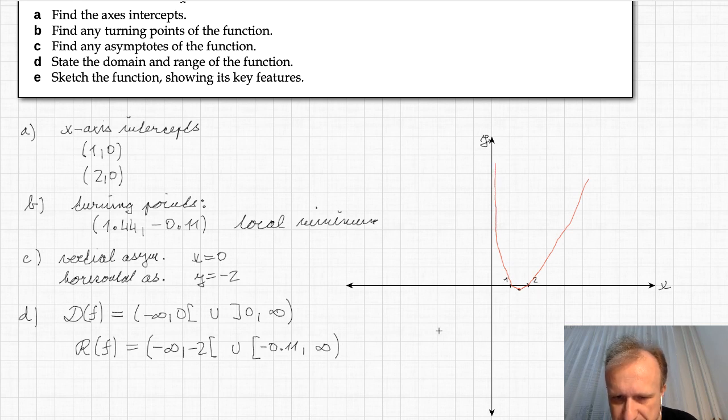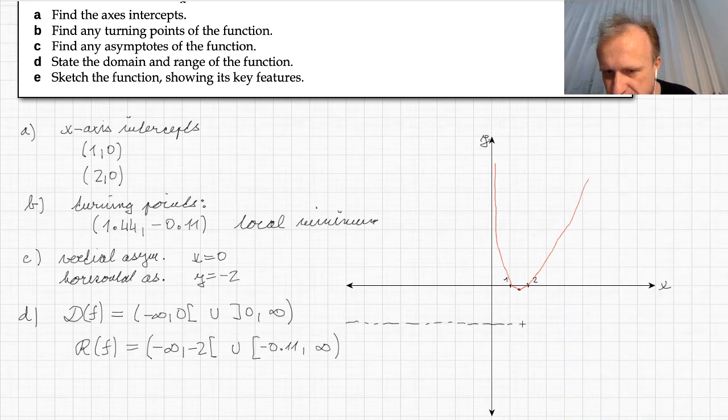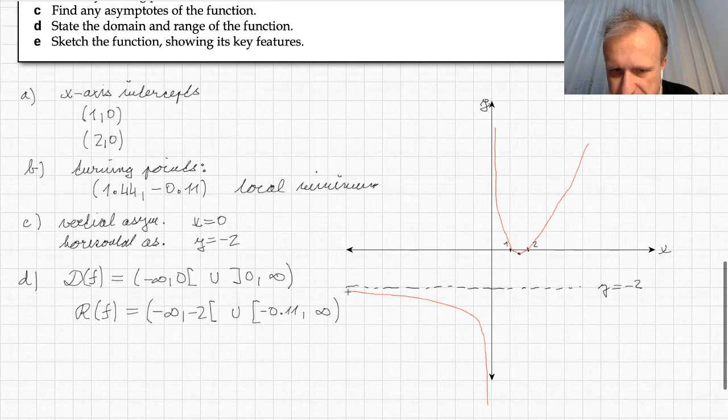And there was another feature, there was this horizontal asymptote which passed through -2, so let me sketch it. So this line here is y equals -2, and the function should have it as its own asymptote and should approach this vertical asymptote like this.